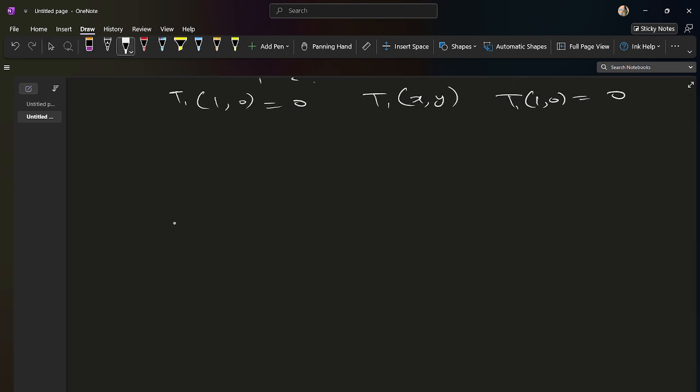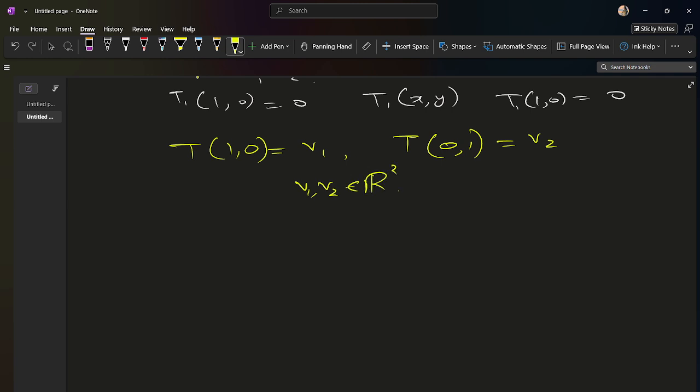Let T of (1, 0) equal v1 and T of (0, 1) equal v2, where v1 and v2 are lying in R square. These are the images of (1, 0) and (0, 1) under T.